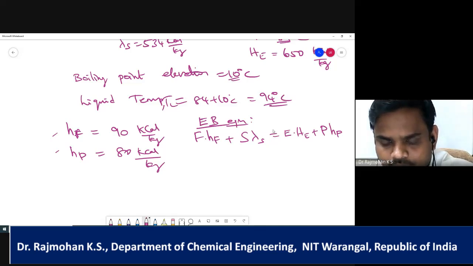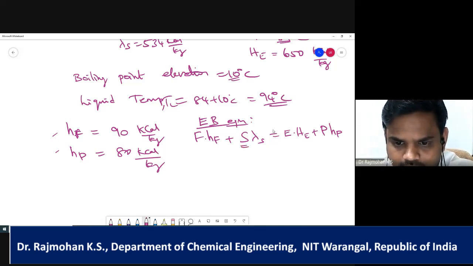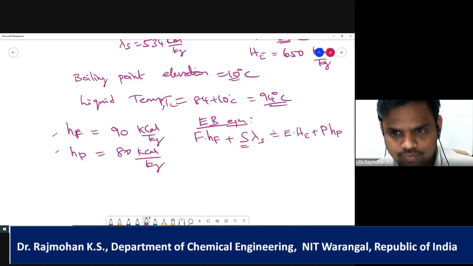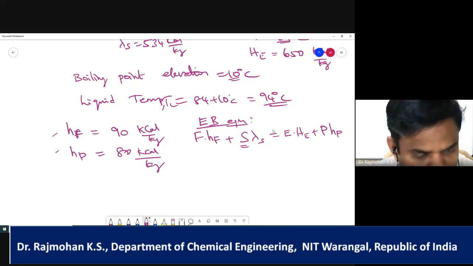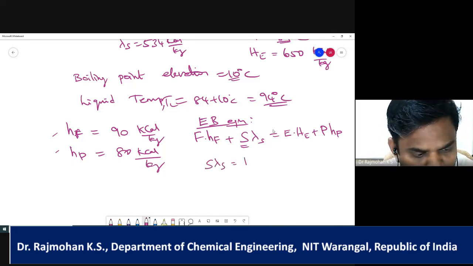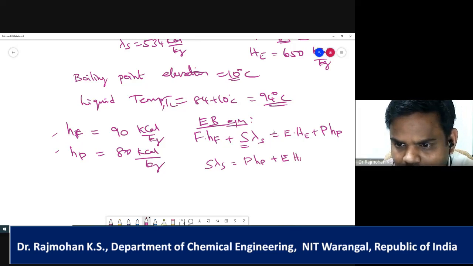We have to substitute to get the value of S. You can rearrange to write S into lambda S is equal to P into HP plus E into HE minus F into HF.